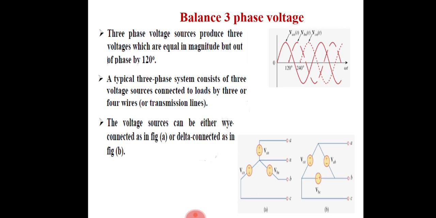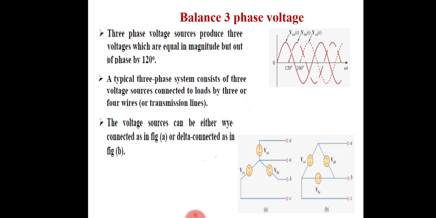A typical three-phase system consists of three-phase voltage sources connected to load by 3 or 4 wire transmission lines. Means if the transmission line has 3-phase 3-wire, then the sources have 3 wires, and if the transmission line has 3-phase 4-wire, then the sources have 4 wires.